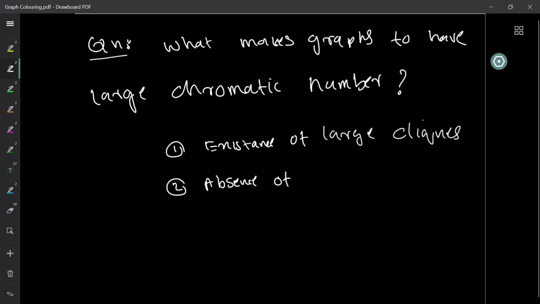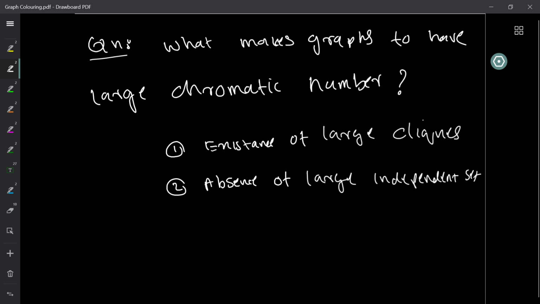Now, the other parameter. Can you think of some other parameter whose absence makes the chromatic number large? So if you have a very large independent set in the graph, of course, we know that we can give all the vertices in the large independent set the same color, right?